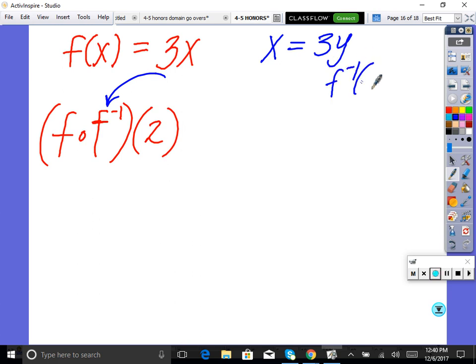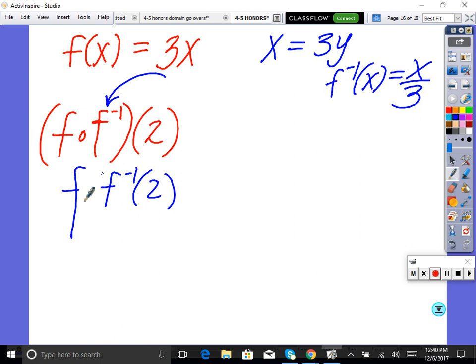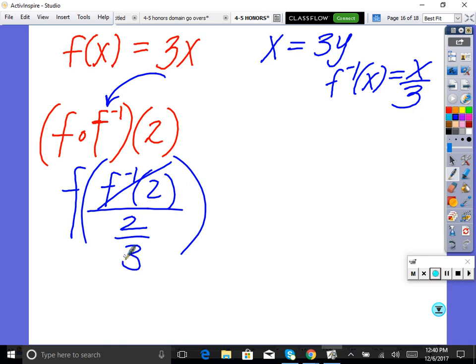So f inverse of x equals x over 3. Now rewrite this. Squish 2 back in with f inverse. That's f inverse of 2. Don't we squish it in again? f of f inverse of 2. How do we find f inverse of 2? Plug 2 into f inverse. So what would we get? Now we're looking at f of 2/3, which is plug 2/3 into f. 3 times 2/3, which is 2.